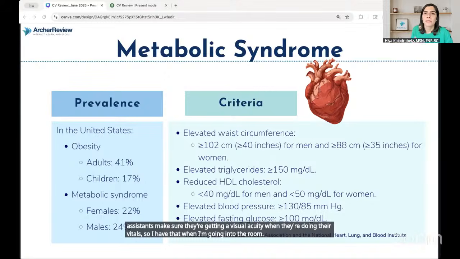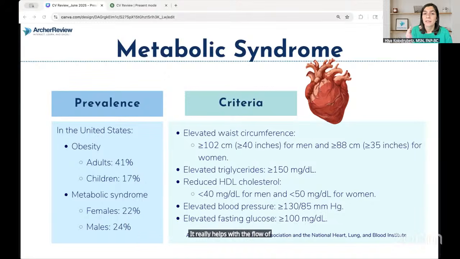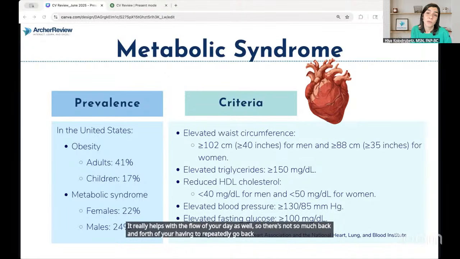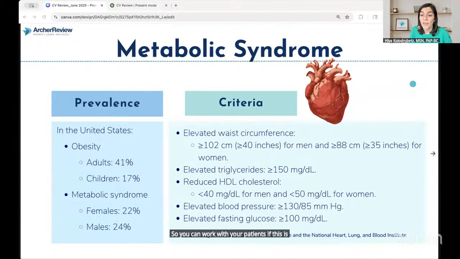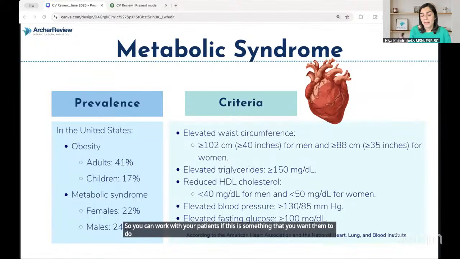It really helps with the flow of your day as well, so you're not having to repeatedly go back and forth into one patient room. You can work with your medical assistants and train them and say, we're going to make it routine that I want that waist circumference measured on my overweight or obese patients.